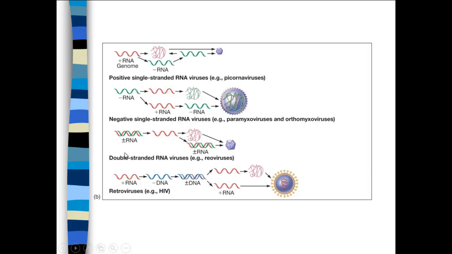Double-stranded RNA viruses will make positive sense RNA. Those can be incorporated into the genome, okay? Or they can go further to make double-stranded RNA, and then double-stranded RNA, which is a reovirus, is captured then by the capsid.